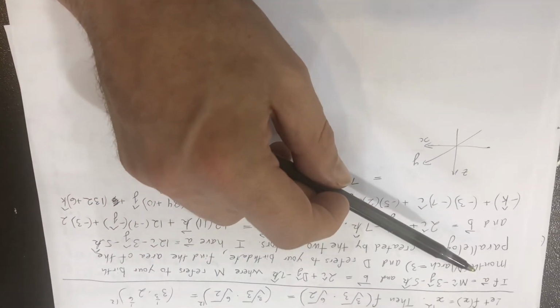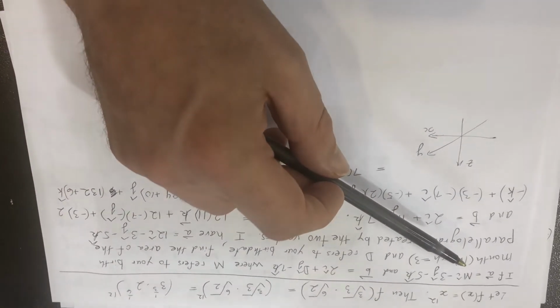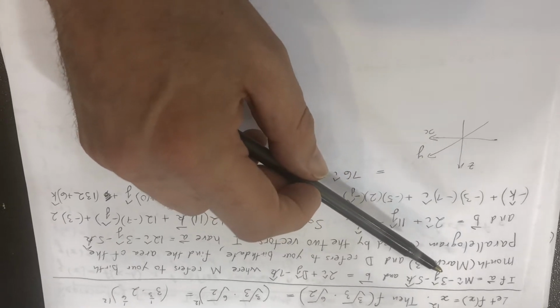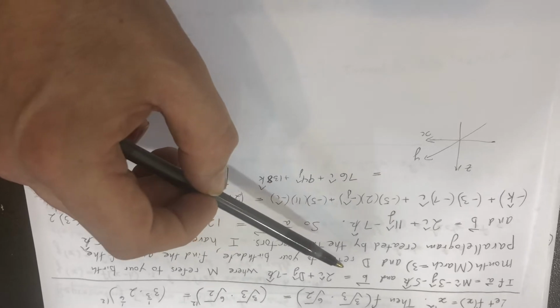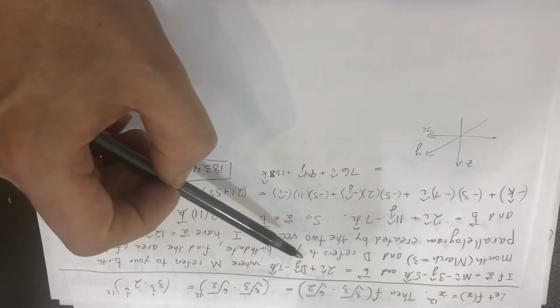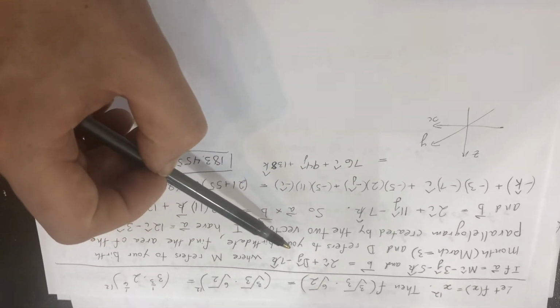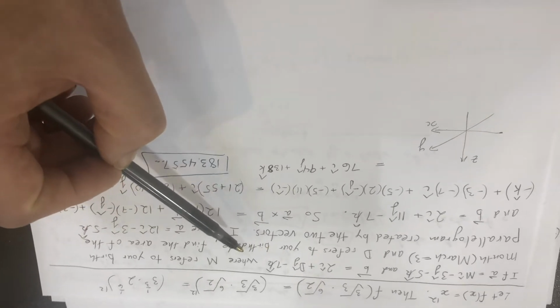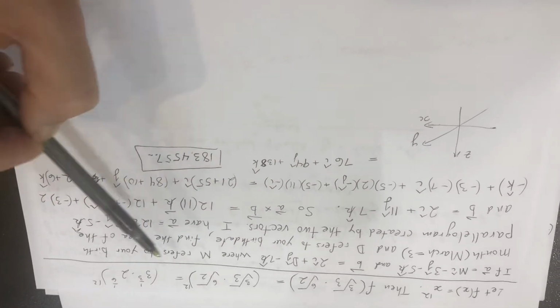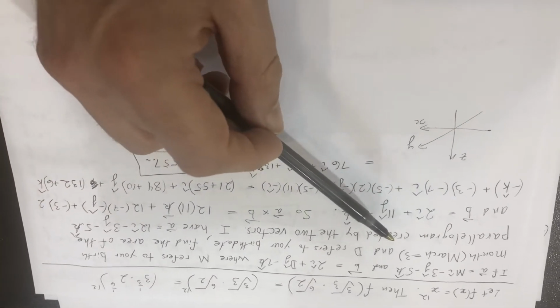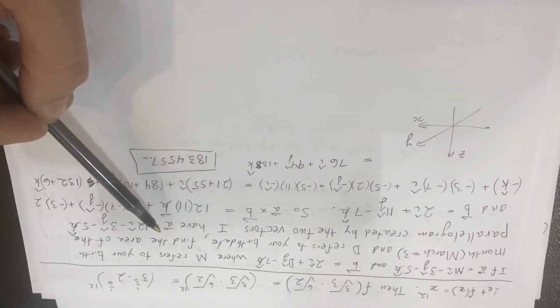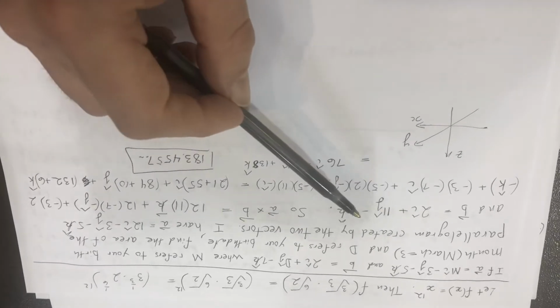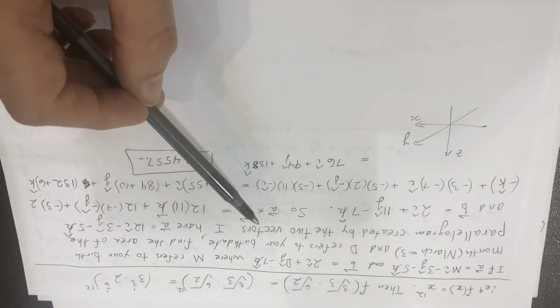If A equals mi minus 3j minus 5k, and B equals 2i plus dj minus 7k, where m refers to your birth month, March equals 3, and d refers to your birth date, find the area of the parallelogram created by the two vectors.